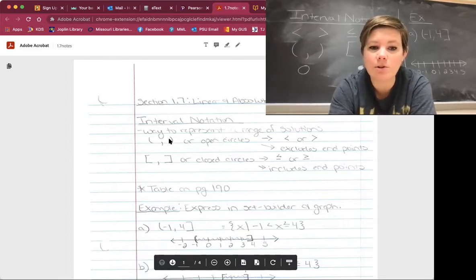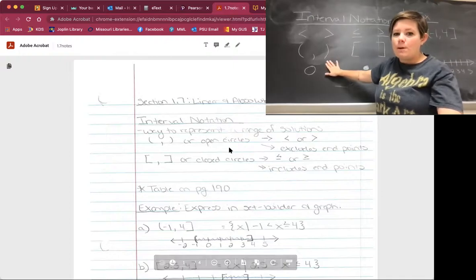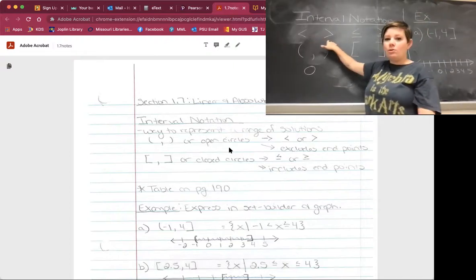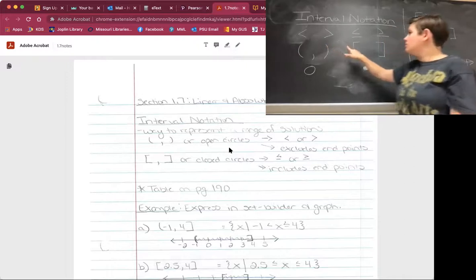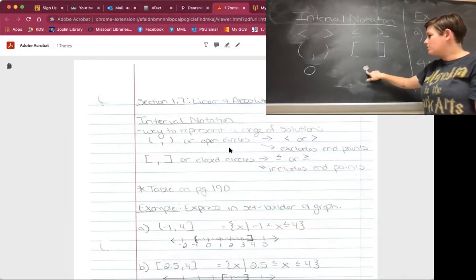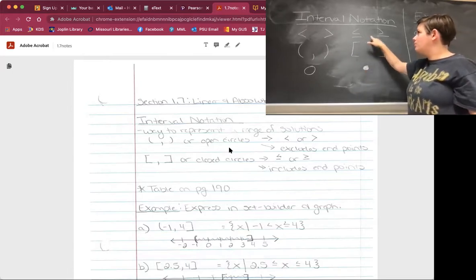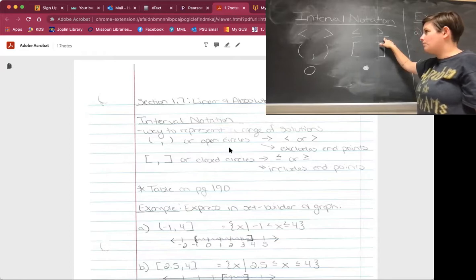And so we use parentheses or open circles to represent less than or greater than. And we use brackets or a closed circle to represent less than or equal to or greater than or equal to.